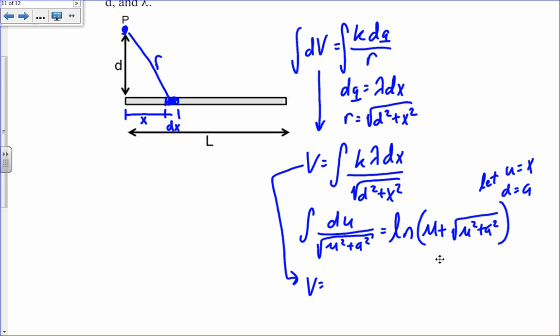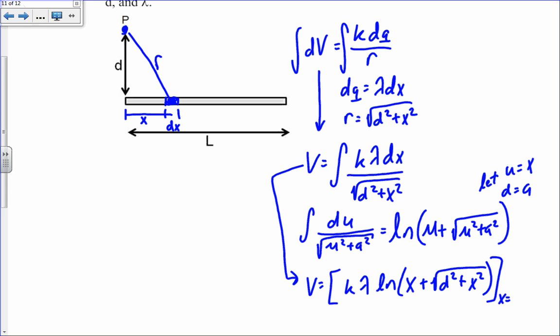I get V is equal to k lambda, which just comes out of the integral, natural log of x plus the square root of d squared plus x squared, from our limits of integration from x equals 0 to x equals L.